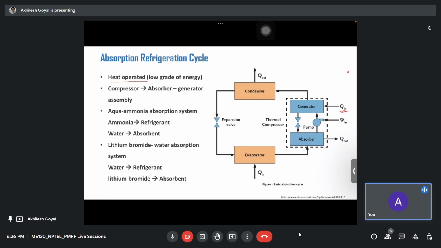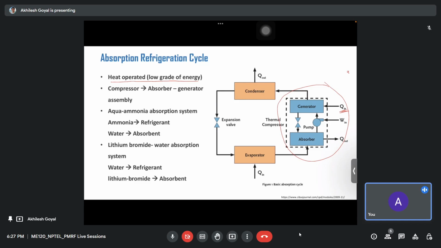So absorption cycles work on low grade energy, or absorption cycles are heat operated cycles. Here the compressor is replaced by the absorber generator assembly, and in absorption cycles there are two elements: one is the absorbent, the second one is the refrigerant.